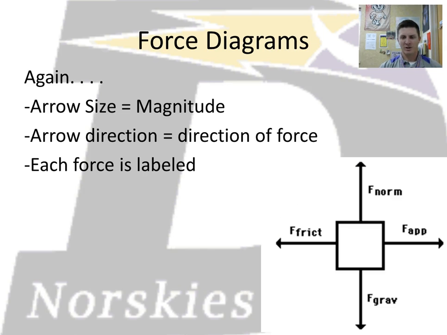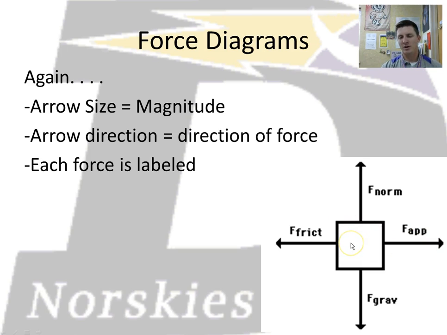If we look here, we have an example of a force diagram. This box represents the object we are discussing. The arrows represent the size and magnitude of the force. The direction of the arrow indicates which way the force is acting, and as you can see, each force is labeled.